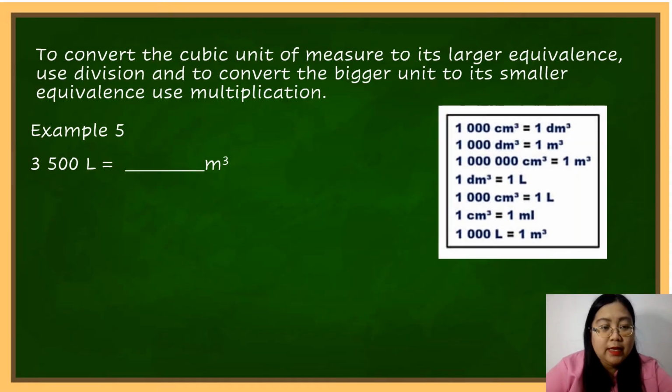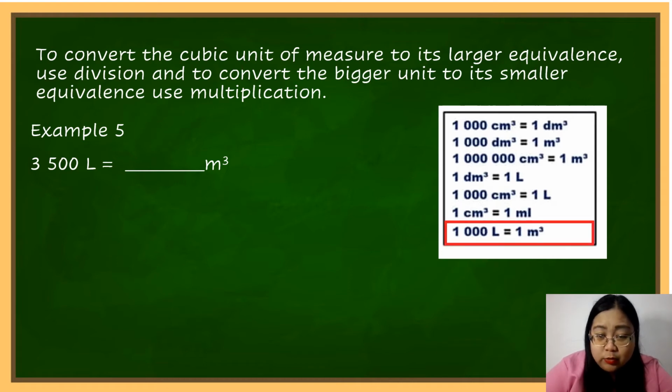Number 5. 3,500 liters is equal to how many cubic meters? Let us find it in the equivalent chart. There, 1,000 liters is equal to 1 cubic meter. So we have 3,500 liters times 1 cubic meter divided by 1,000 liters.